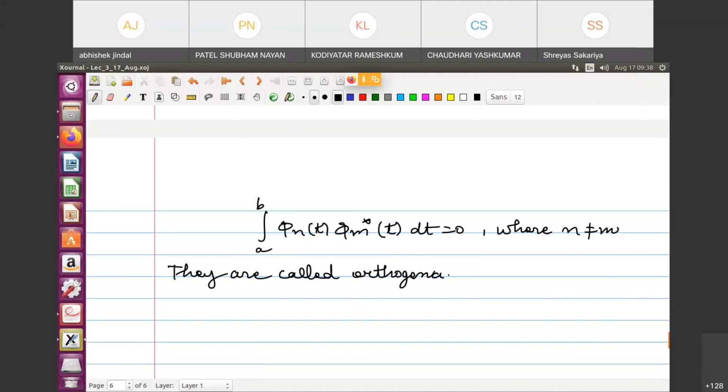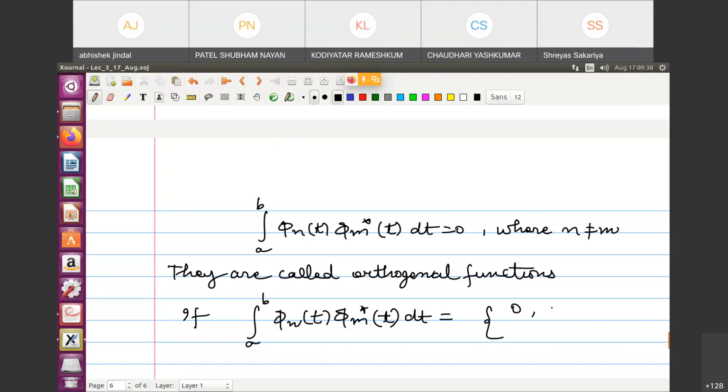Further, if the integral from a to b of phi n(t) phi m(t) dt is equal to 0 for n not equal to m, and it is 1 for n equal to m, they are called orthonormal functions.